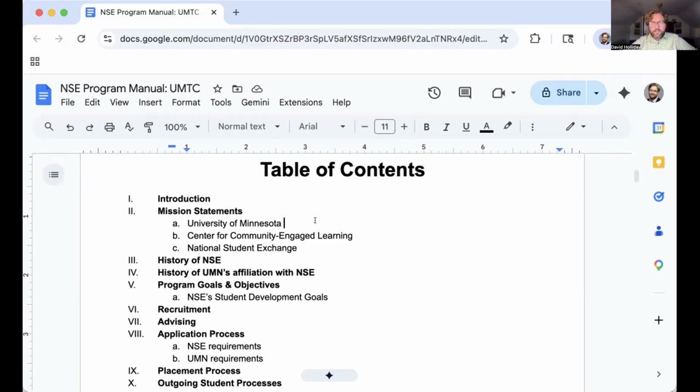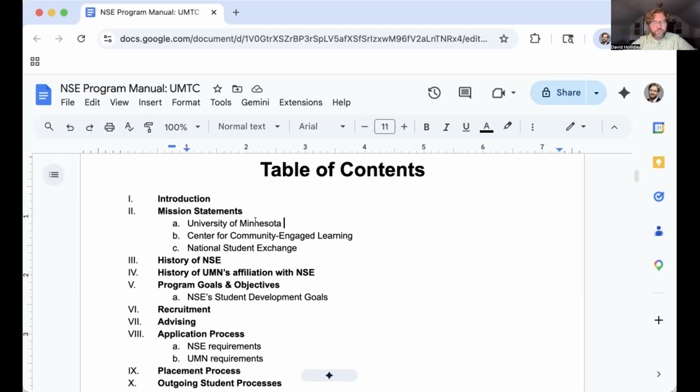One thing that I'm working on is documenting the University of Minnesota mission statement. And actually, we just this past winter relaunched a new strategic plan for the next 10 years. So I'm identifying how NSE fits into all of these different strategic plan points or pillars. A couple of things: experiential education is going to be really emphasized, and that could be internships, study abroad, study away, things like NSE.